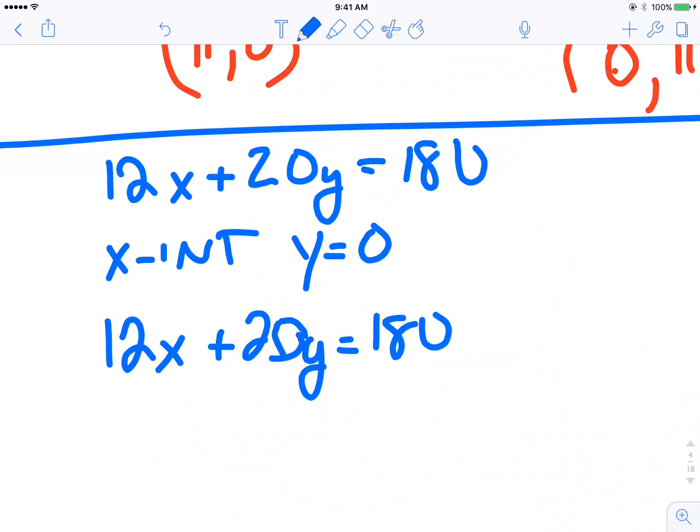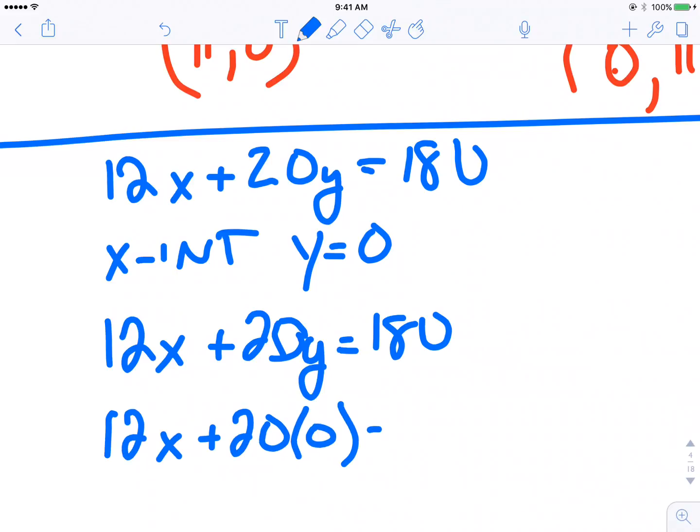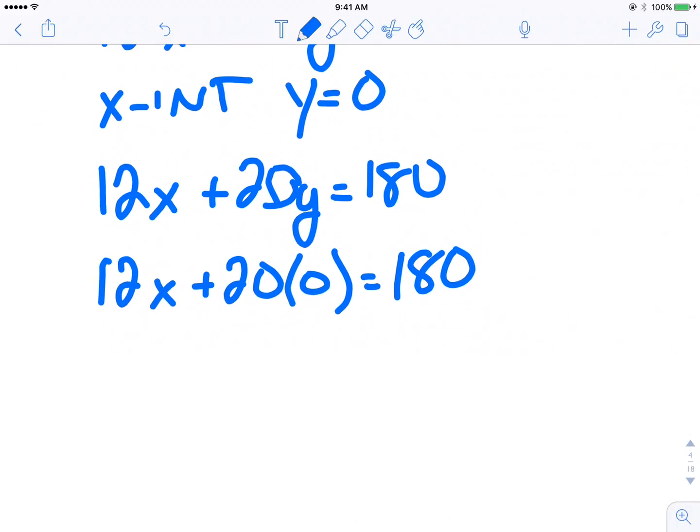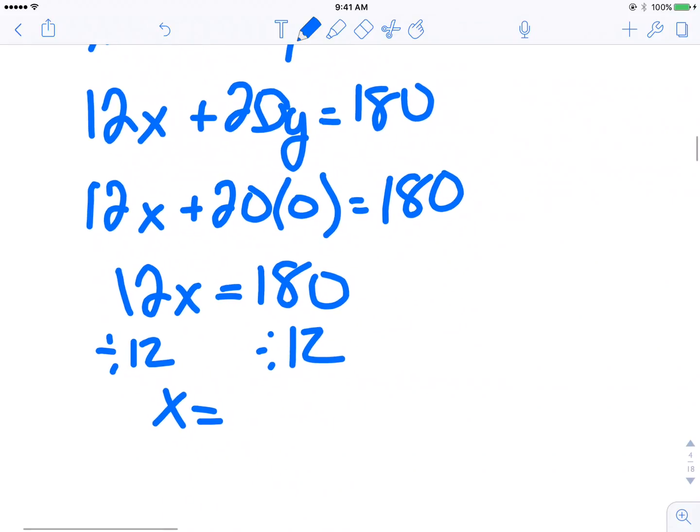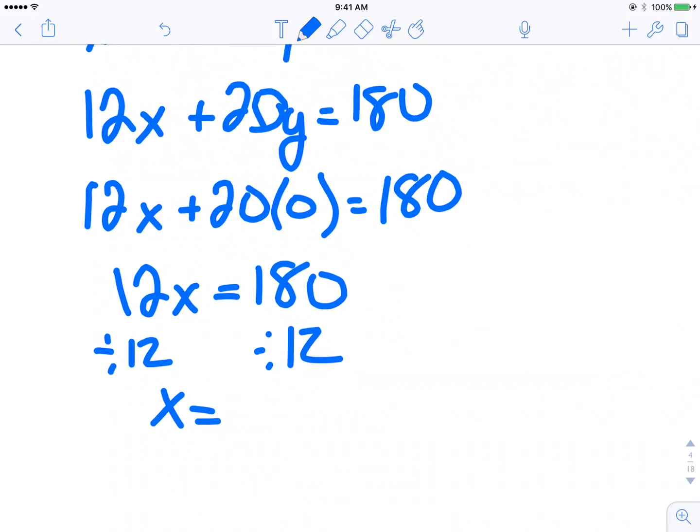I substitute in 0 for y. 12x plus 20 times 0 is equal to 180. 12x is equal to 180. Divide by 12, divide by 12, x is equal to, what is that by 12? 15, giving me a point of 15, 0.